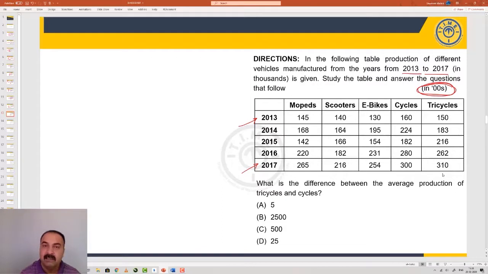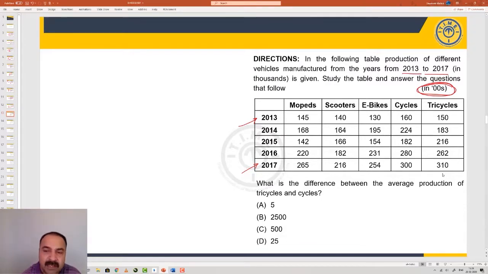You should be reasonably patient and calm in reading the data interpretation, description, footnotes, indicators, labels of the data. Is the data in thousands or millions or in rupees crores? So that even if you do the actual calculation correctly, you remember it is all in hundreds, it is all in thousands. So the answer has to be marked in the correct units. We'll see that happening in this first question example here.